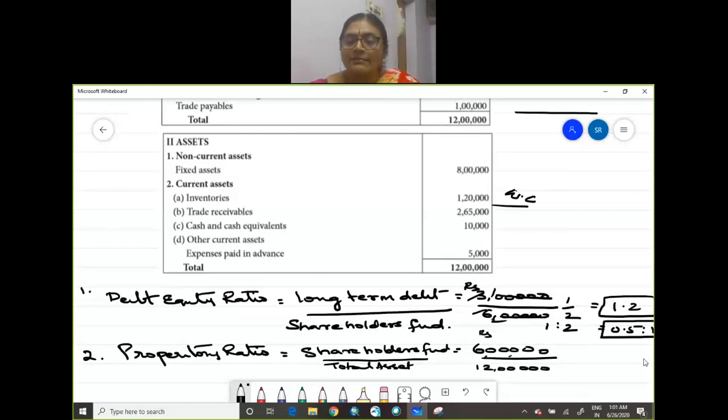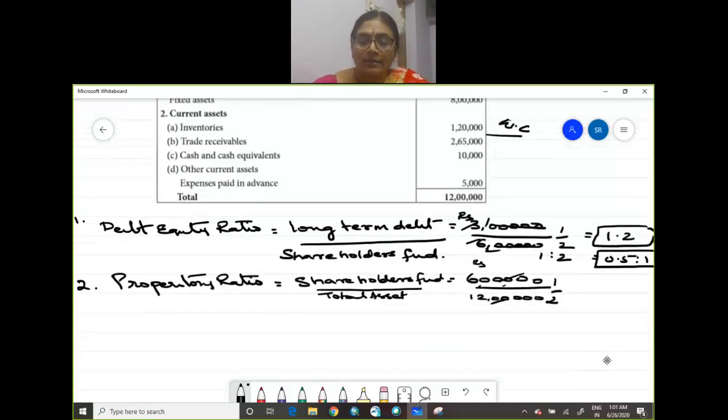So 6 lakhs by 12 lakhs, 1 by 2 again. You can simplify it and get the same ratio, 0.5:1 or 1:2.